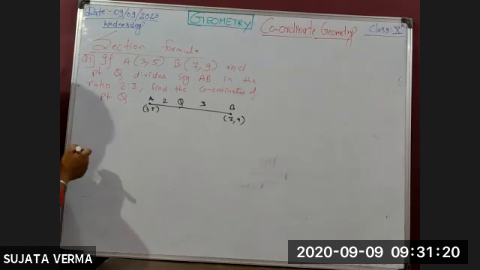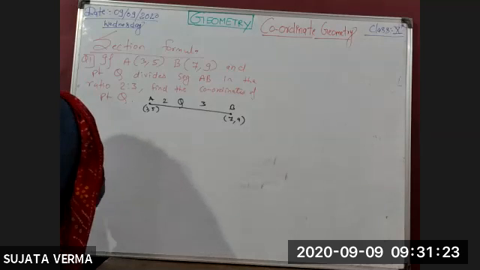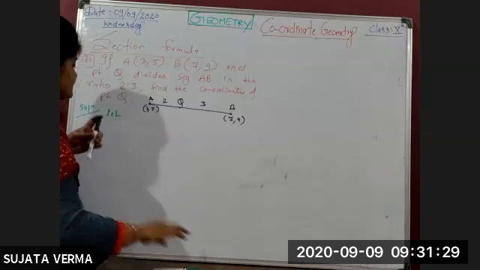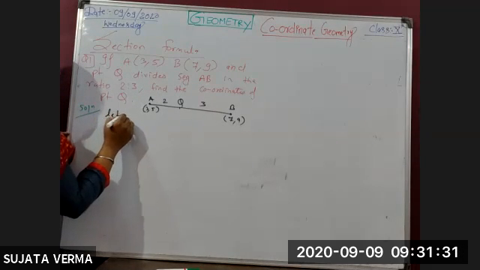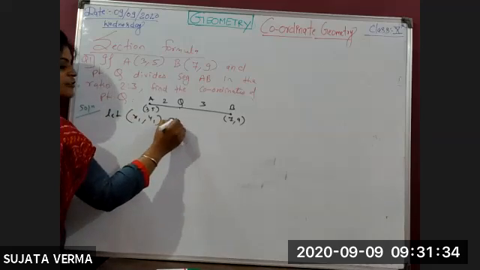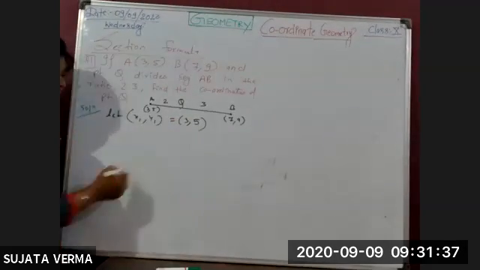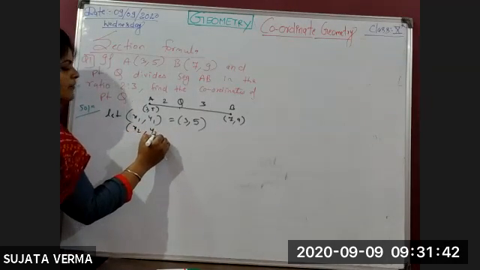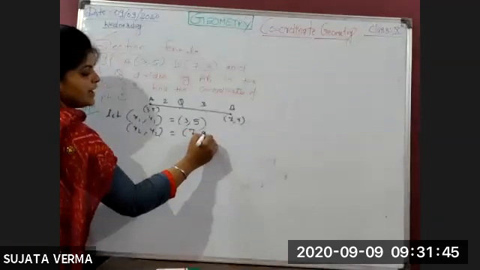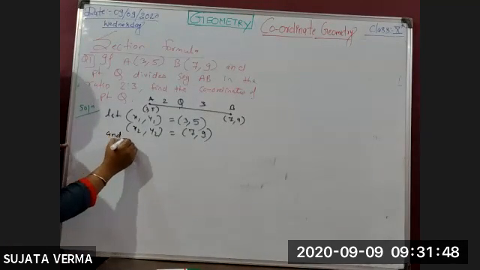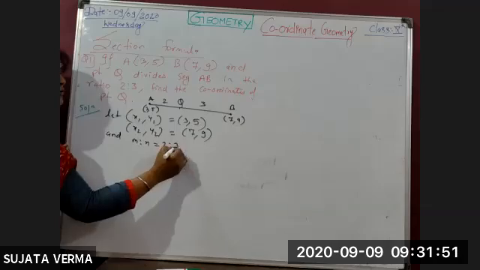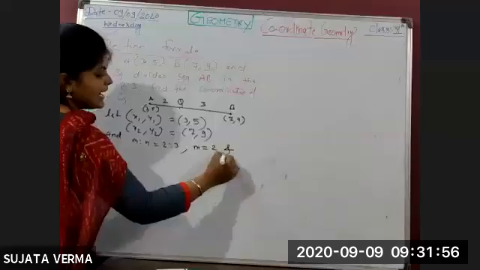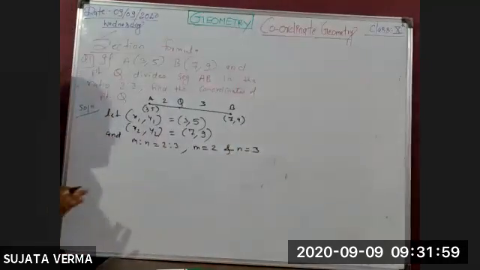So let x1, y1 equal 3, 5 and x2, y2 equal 7, 9. And m:n equals 2:3. From this, we get m equal to 2 and n equal to 3.